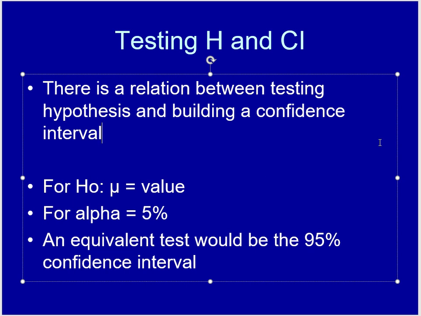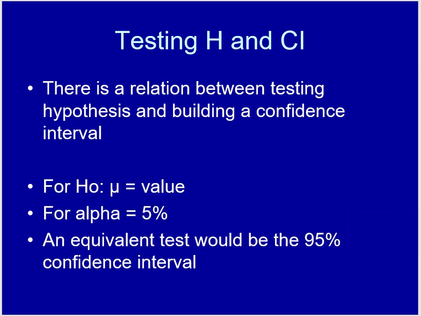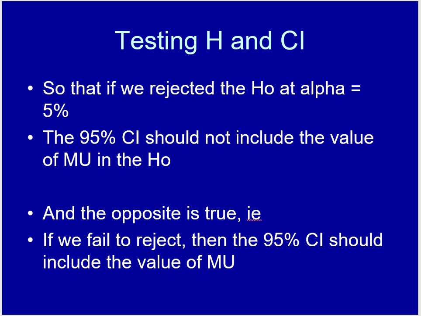The relationship is that if you're testing with an alpha of 5%, then your confidence interval has to be 95%. If you're testing with an alpha of 1%, then you have to do a 99% confidence interval. Both will yield the same conclusion, okay?